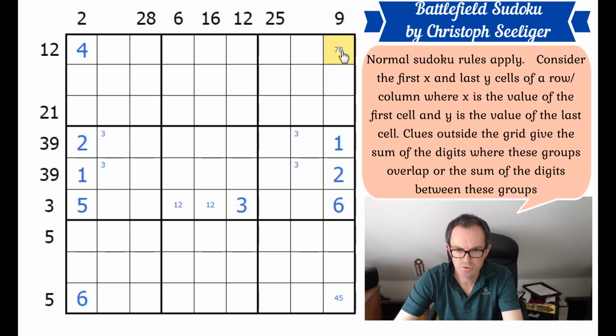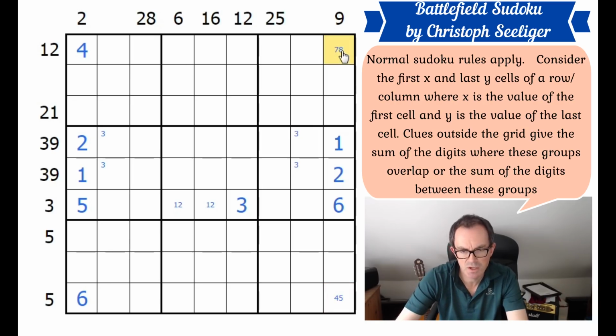Now let's just double check this. So if this is an overlap clue and it's a 3-cell overlap, no, it can't be a 3-cell overlap, because if it is, it needs the 1 and the 2 to repeat. For example, if this is a 4 and we're looking at 3-cell overlap, then these two squares would have to be 1 and 2.